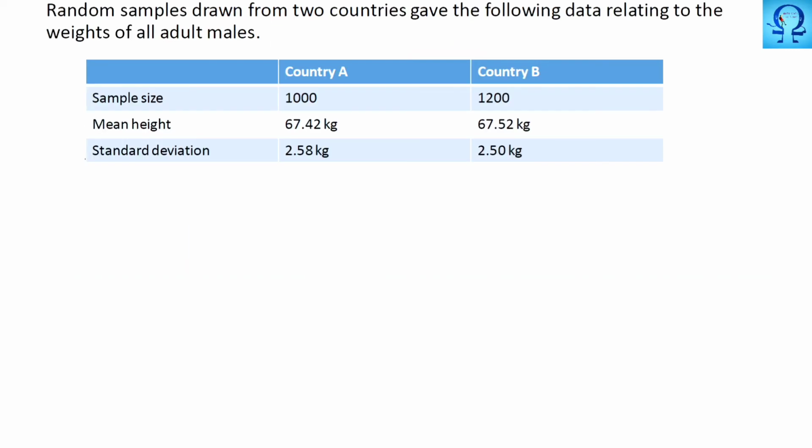Okay, and this is another problem. Here they have said that the sample size is going to be our n1 and this is n2, and this is x1 bar and this is x2 bar. Okay, and this is s1 and this is s2. Random samples drawn from the two countries gave the following data related to weight of all adult males.